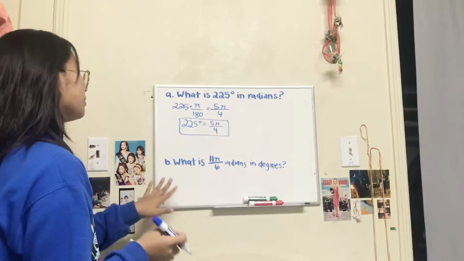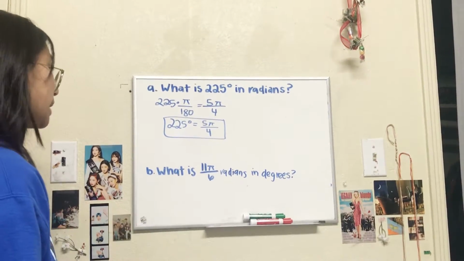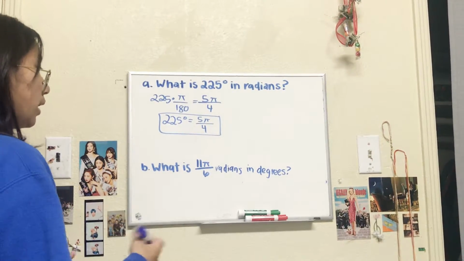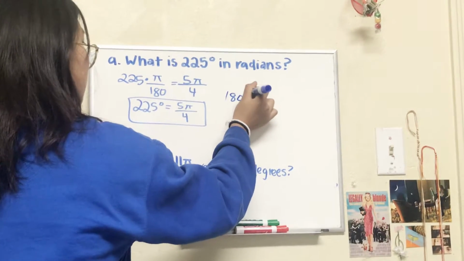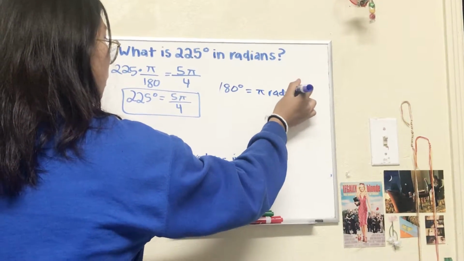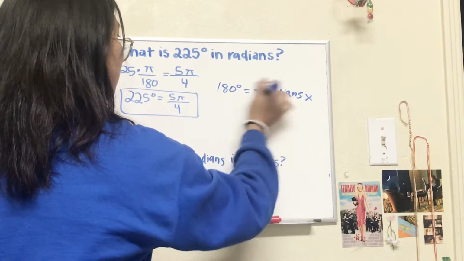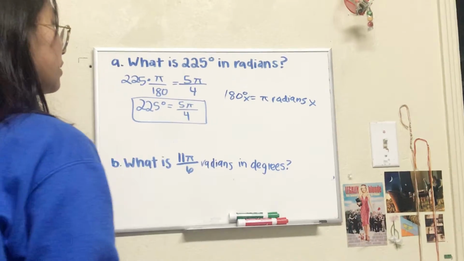Continuing on, we have a second problem which asks, what is 11 pi divided by 6 radians in degrees? Using the knowledge we knew before of 180 degrees equaling pi radians, we can add an x to both sides in order to find out what the answer is.